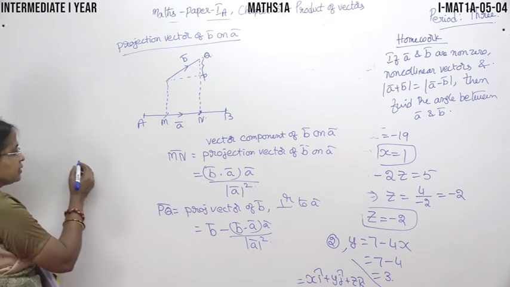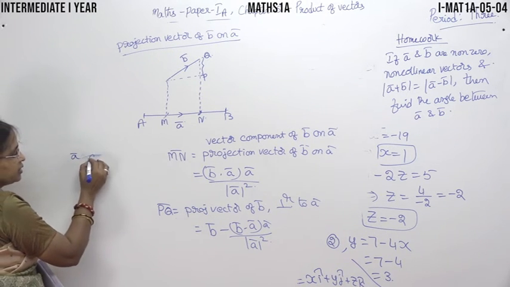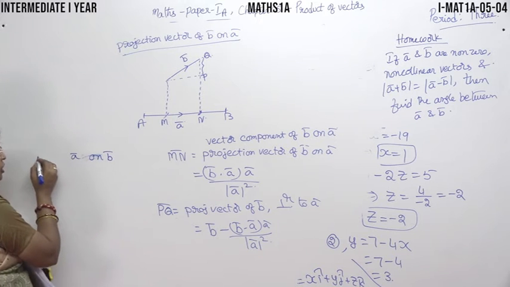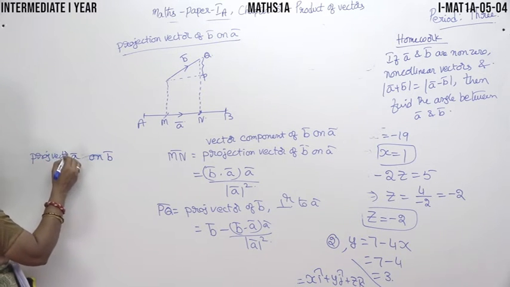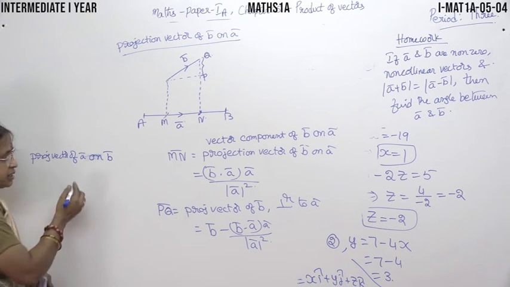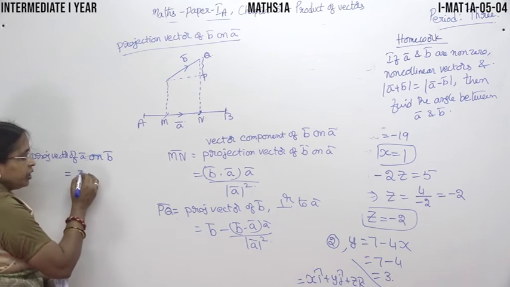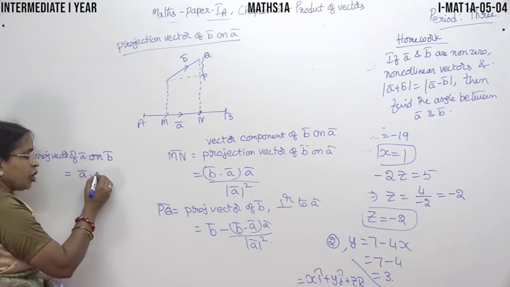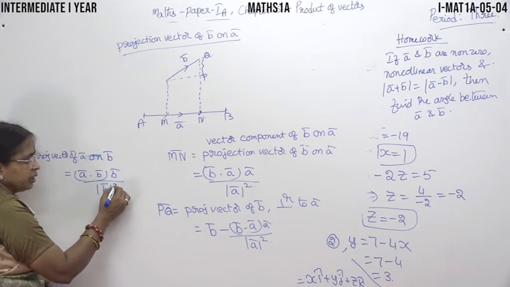Now suppose that it is A on B. What is the projection vector of A on B? When it is A on B, the formula will be A becomes B, B becomes A. So A dot B into B by mod B square. You can easily remember.